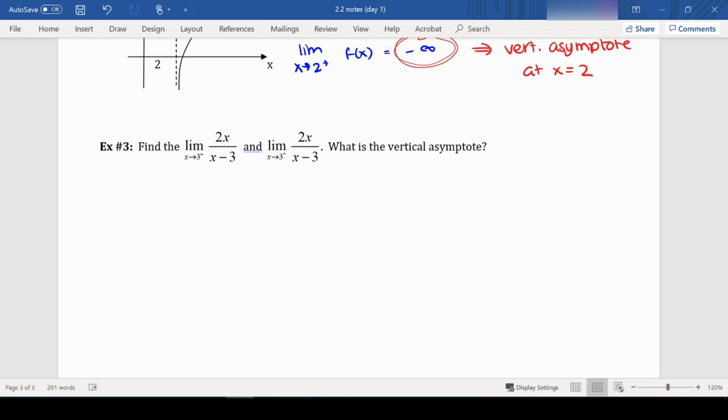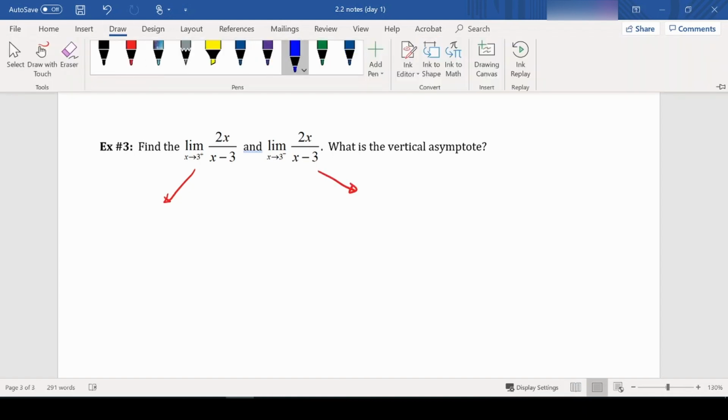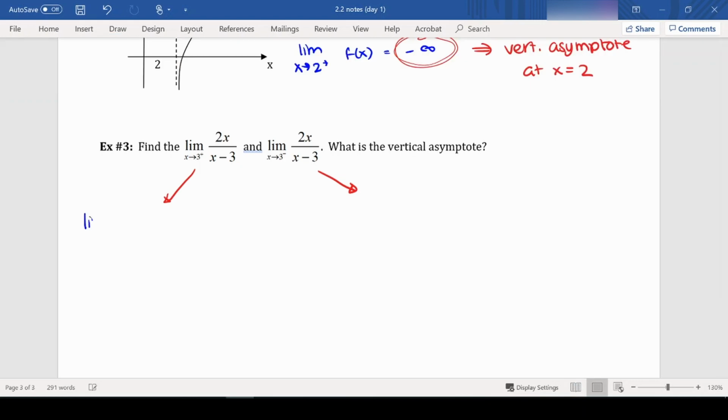Okay? Because we don't have a graph here, basically what we're going to do is when we look at the left and the right hand limit, we're actually going to consider values that are slightly bigger and slightly smaller than 3. Okay? So if we have the limit as x approaches 3 from the right of 2x over x minus 3, if we plug in a value slightly bigger than 3 on the top, what's going to happen is the top is going to get really, really close to 6, but it's going to be slightly larger.